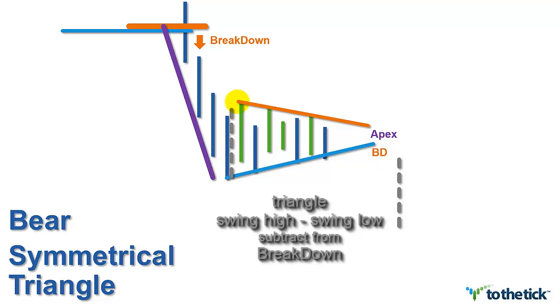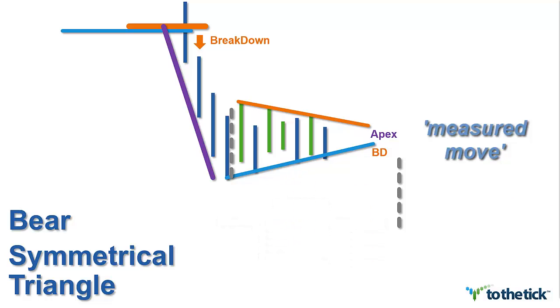Typically, it's that first big pull up there that creates your upper resistance line. And you take that measurement and you're going to subtract it, because we're going short, from wherever your breakdown number comes out. Now, that's called a measured move. We actually get to take a measurement from the structure that was actually there.